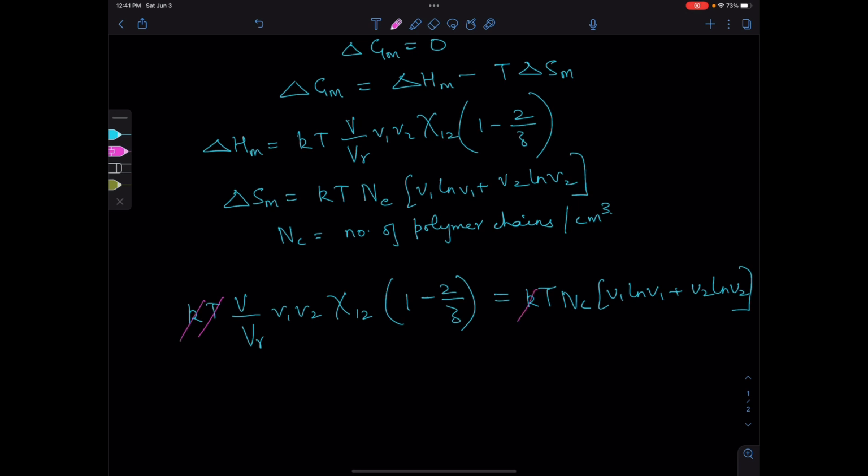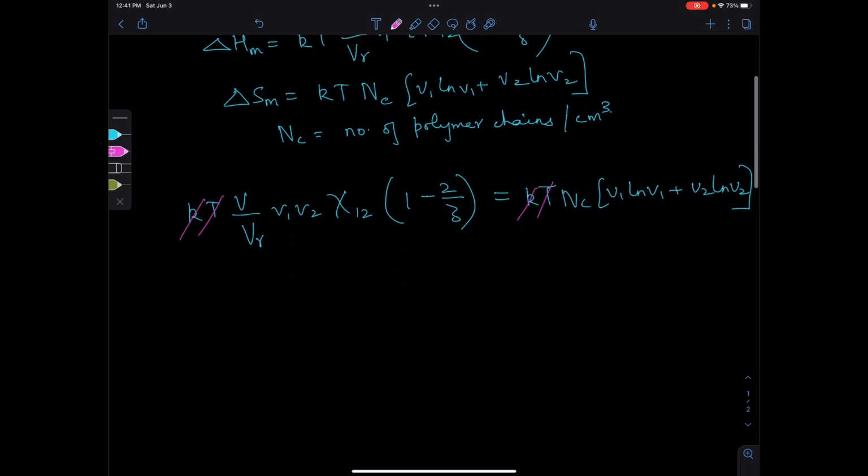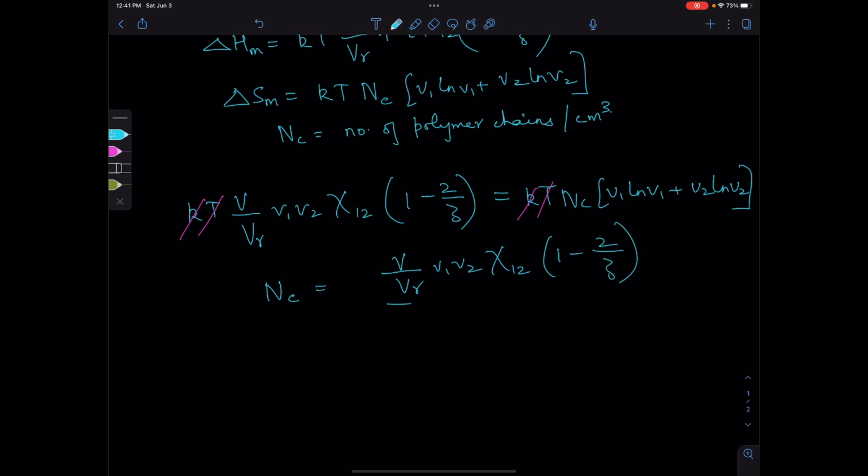We can cancel kT from both sides. So the number of polymer chains per unit volume Nc would be V over Vr times v1 v2 chi12 times 1 minus 2 over z, over v1 ln v1 plus v2 ln v2.